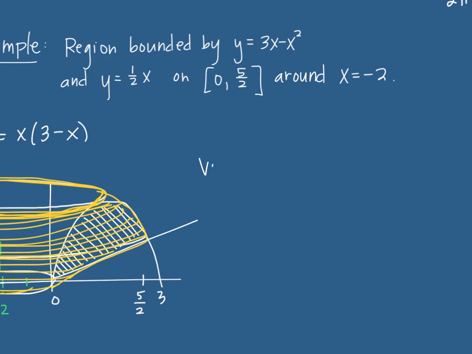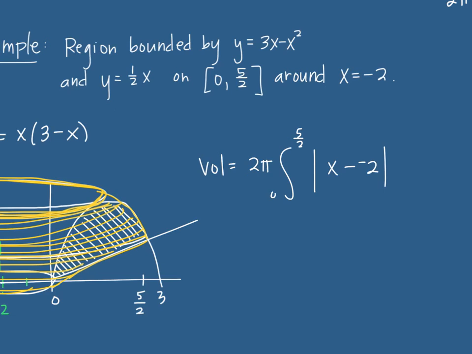All right, my volume. If I'm going to use shells, it'll be 2 pi times the bounds of the original region, which are 0 to 5/2. The radius is always formed by x minus the axis of rotation, so x minus -2, which will end up to be a plus.